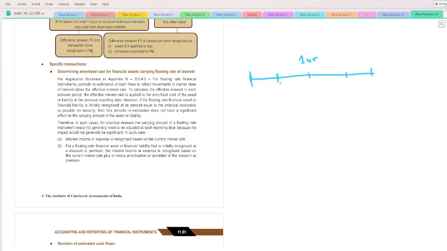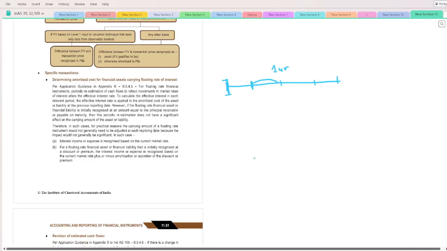Okay, and here, when you are standing here, the interest you will be paying at the end of the first quarter, that interest rate will be determined here. Similarly, when you reach here, again you will be determining the interest rate for the next quarter.